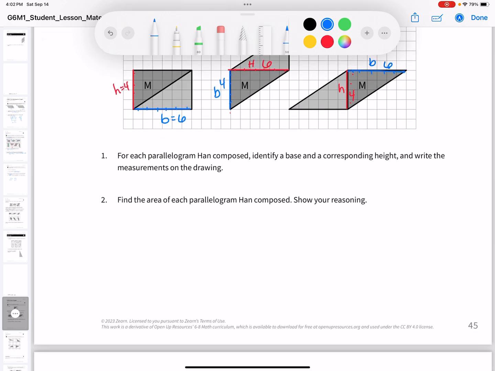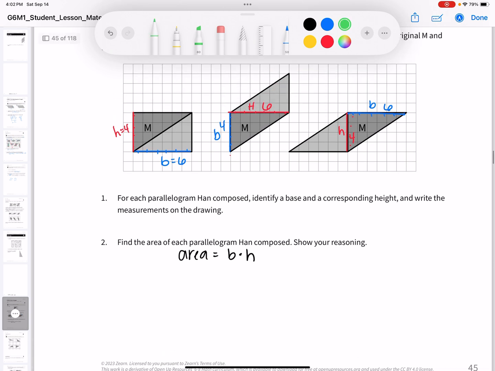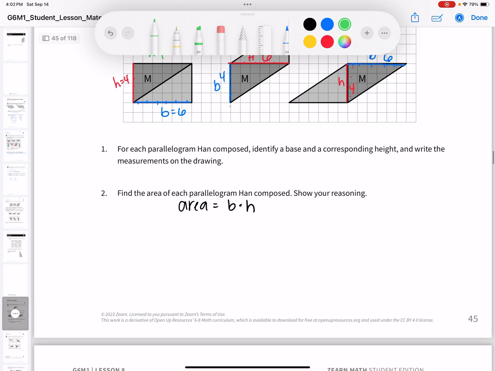All right, so I know that the area of a parallelogram is base times height. So for the first one, base is 6 times height is 4. So 6 times 4 is 24 units squared.